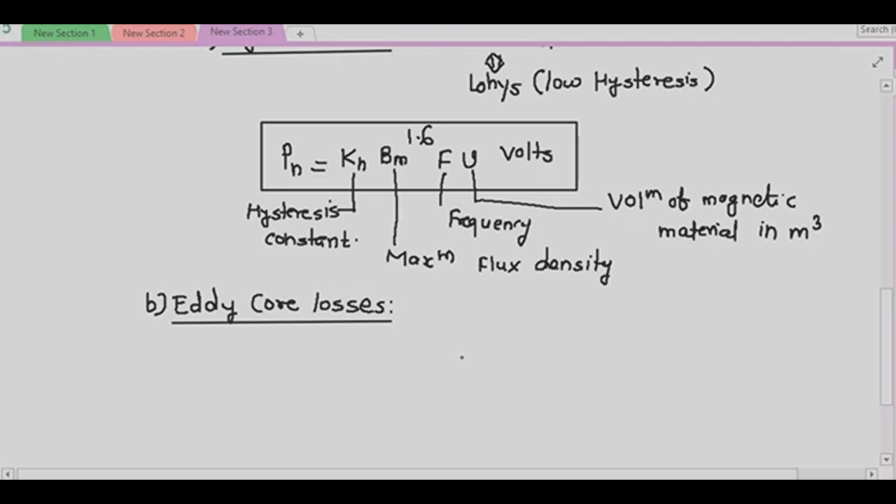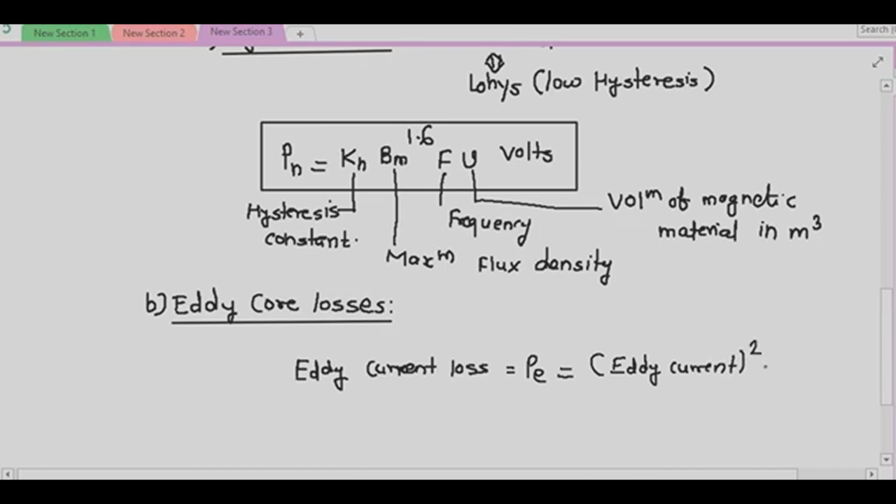The power loss due to the eddy currents is called eddy current loss, and it is given by Pe equals eddy current squared into small r, because obviously these currents produce heat in the transformer core.